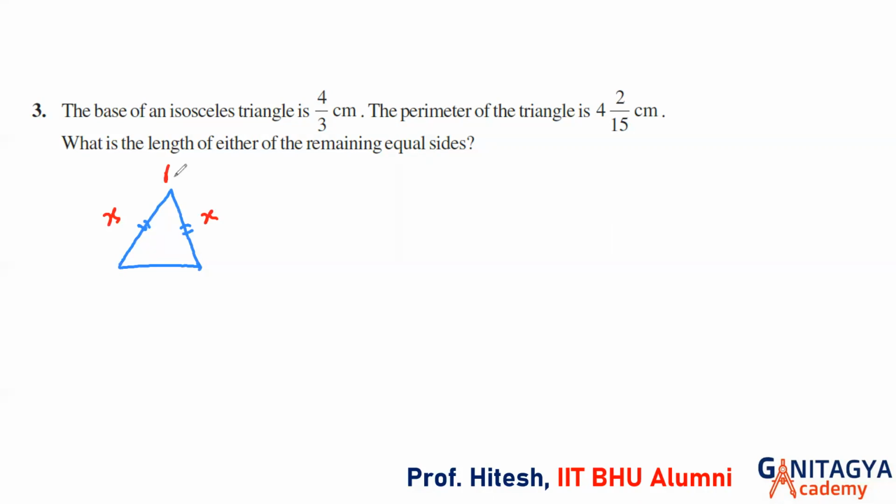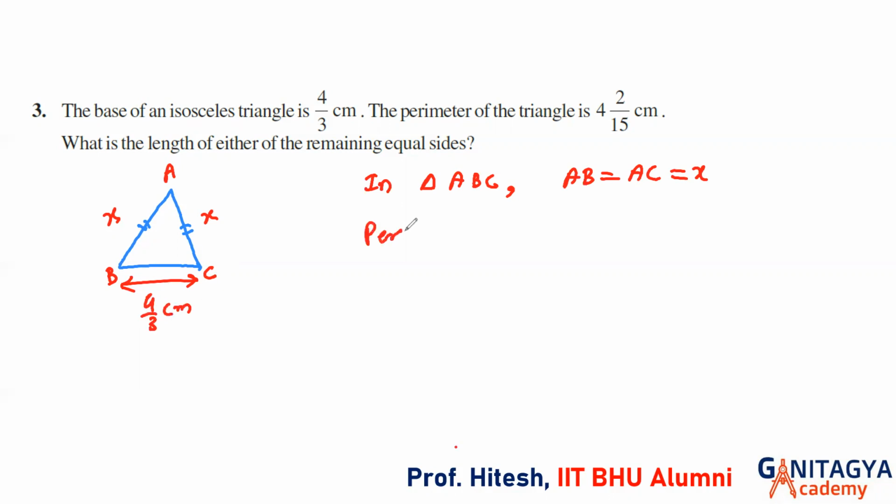The triangle is ABC, so in triangle ABC, AB is equal to AC is equal to x, and BC is nothing but 4 by 3 centimeter. And the perimeter is equal to 4 2 by 15 centimeter.